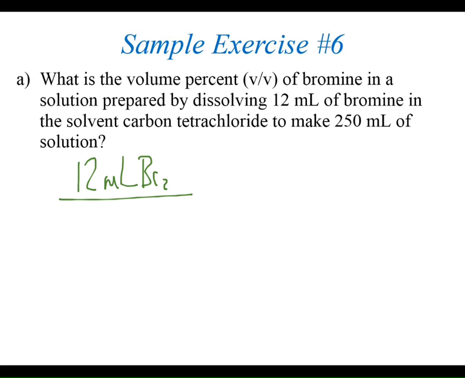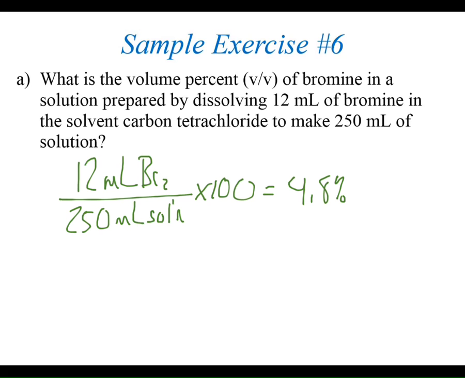You don't add them together because it's not 250 milliliters of the solvent. It's 250 milliliters of the whole solution already. They already gave you the total this time. So times 100 because it's a percentage. And what was the answer you said? 4.8% bromine. Good. Okay, perfect.